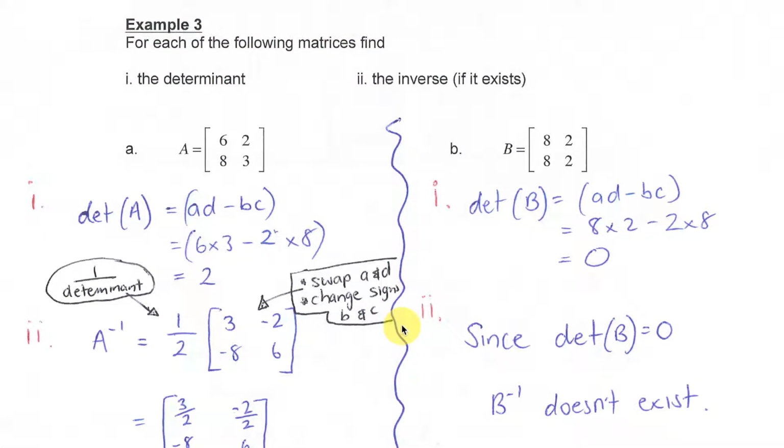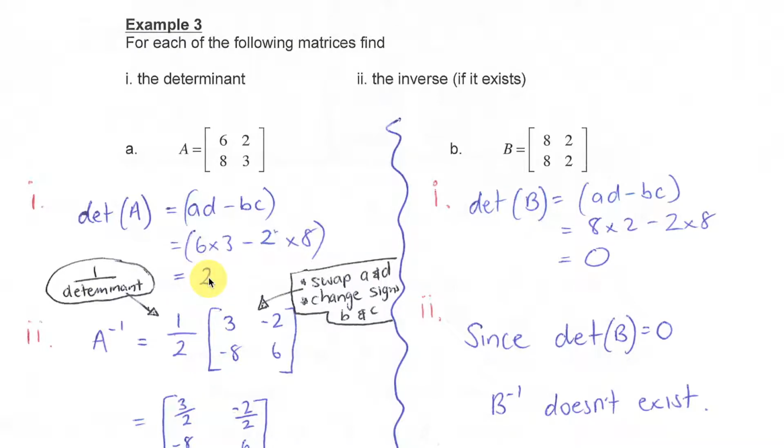For the first case, for A, I need to work out the determinant to begin with. So the determinant of A is simply 6 times 3 minus 8 times 2. And you can see that the determinant is 2. The inverse, so I write that as being capital A to the power of negative 1. So it's 1 over the determinant.